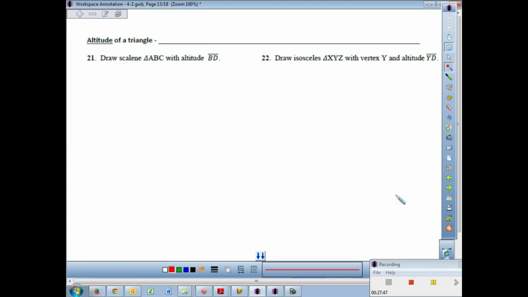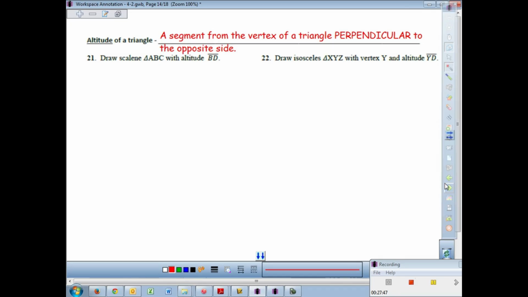Altitude of a triangle. A segment from the vertex of a triangle perpendicular to the opposite side.